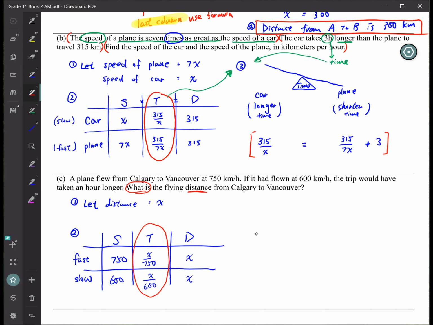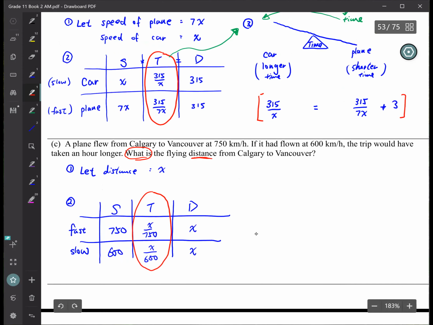You have to work on the spot depending on the question. If you are able to fill in speed and distance from the question, then the last one is the time. If they give you information about speed and time, then your last column will be distance. It's not always the middle one.